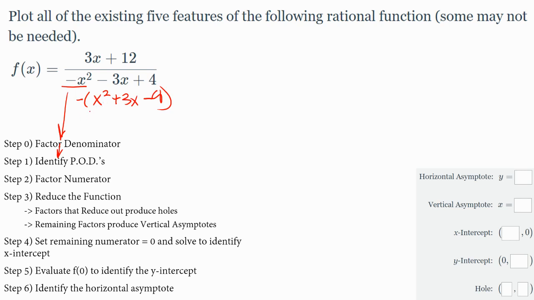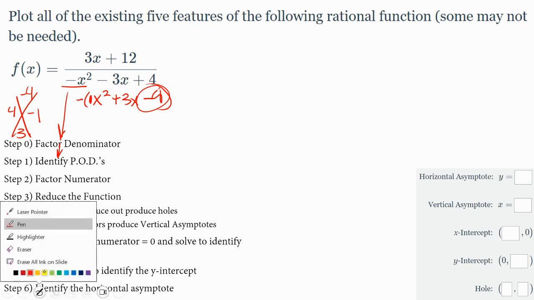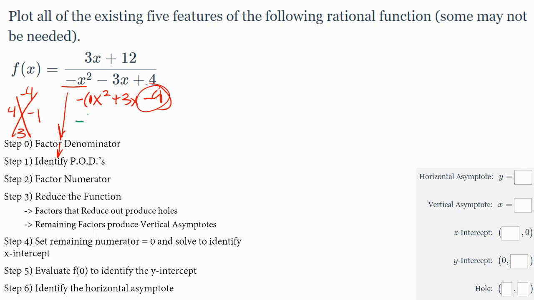And then we're going to factor with the magic x, which is going to be a negative 4 on the bottom and a positive 3 on the top, or the top of the x, bottom of the x. And we have magic numbers of 4 and negative 1. 4 times negative 1 will get me the negative 4 and add to be the 3, which means that my denominator factors to be negative times x plus 4 times x minus 1.